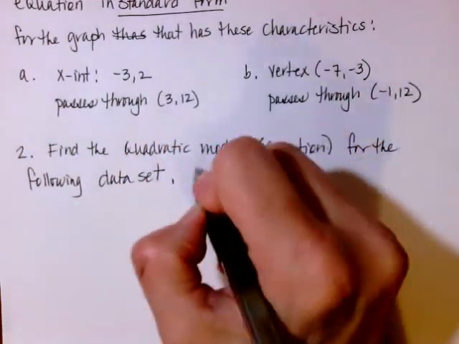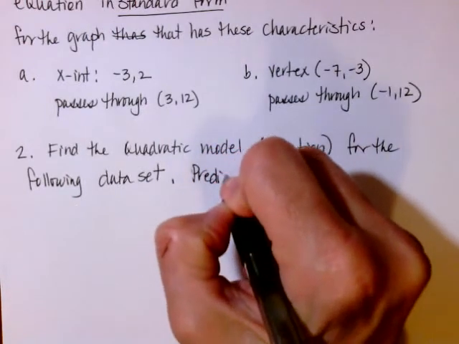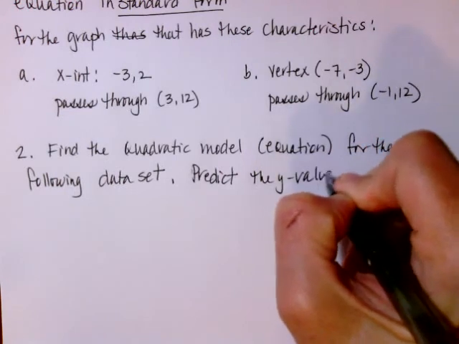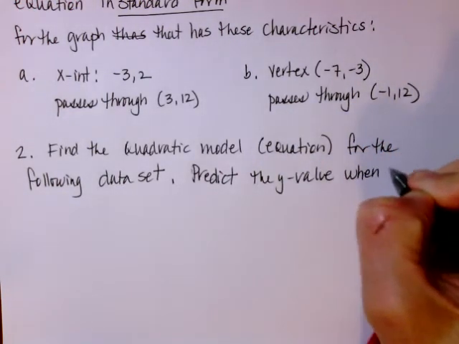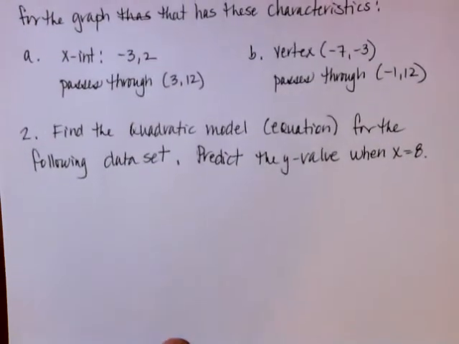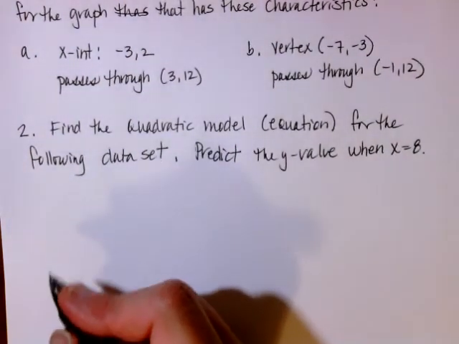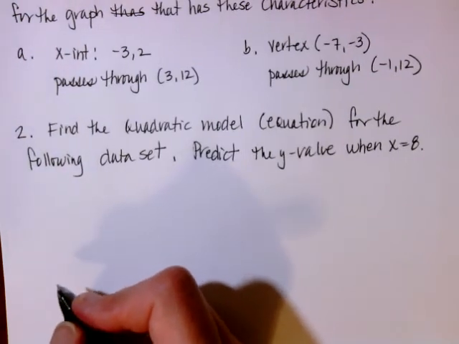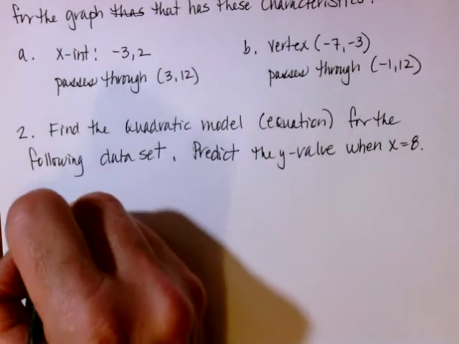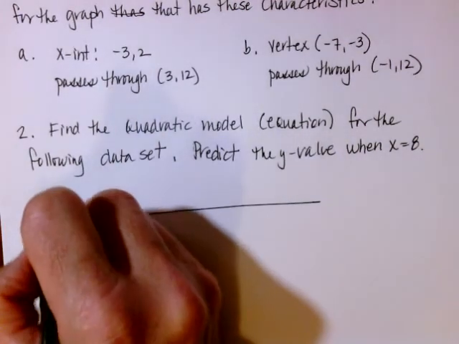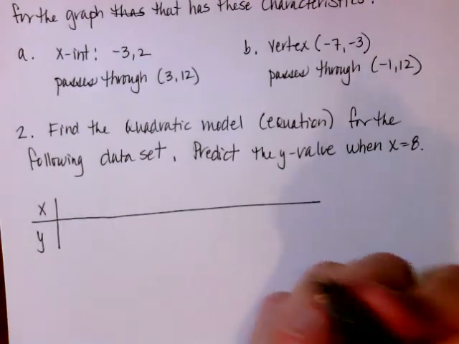Okay, and then I want you to predict the y value when x is equal to 8. So our data is not necessarily going to represent anything in particular. I'm just going to give you a set of data and then have you do the regression on that data. So there's going to be my x's and my y's.